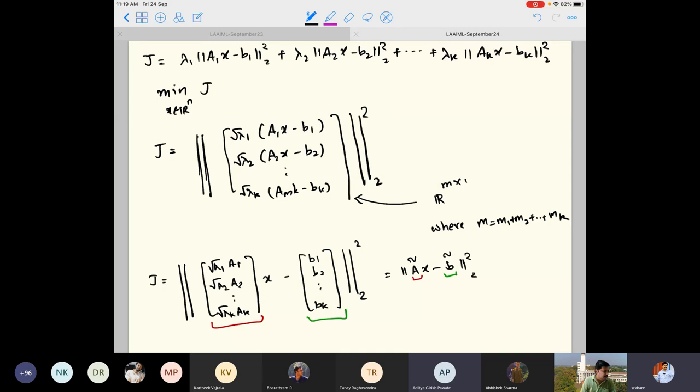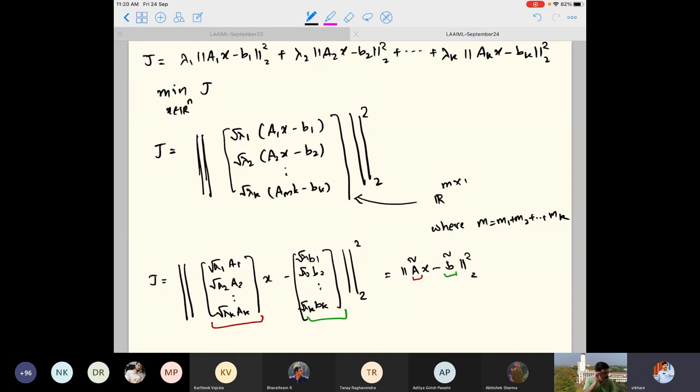Okay, so b1, b2, bk also should be multiplied by lambda i, right? Why? Oh, sorry, in this vector bk. Yes, sorry. In the vector bk, you are right. So here also you have to multiply them by lambda 1, lambda 2, and lambda k. You are right. Sorry.